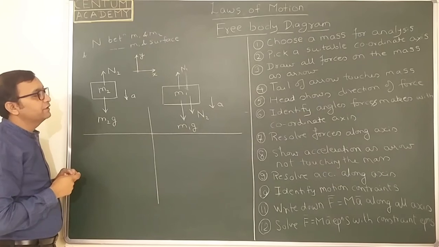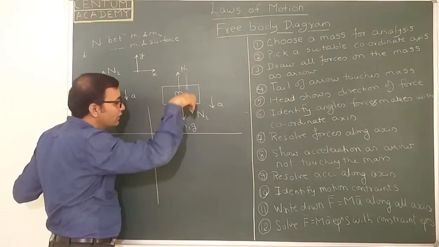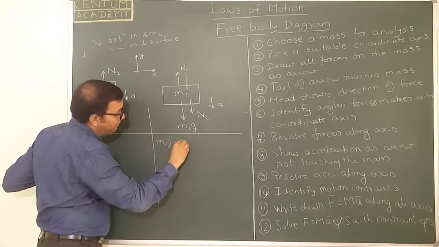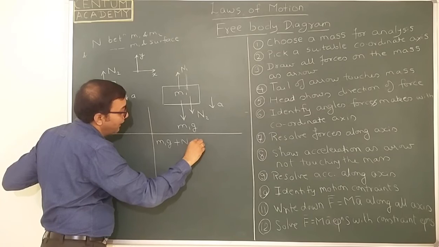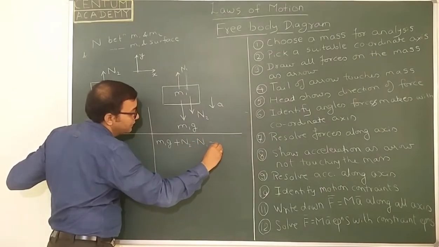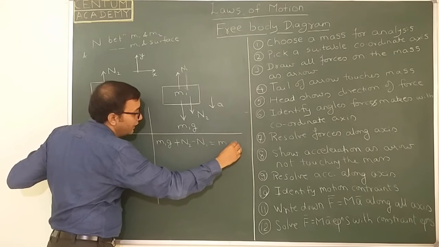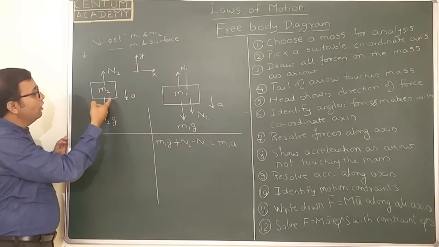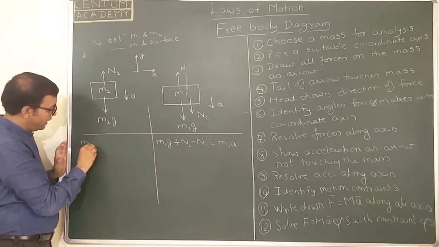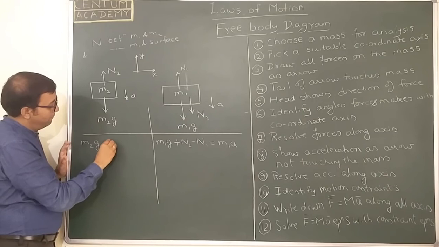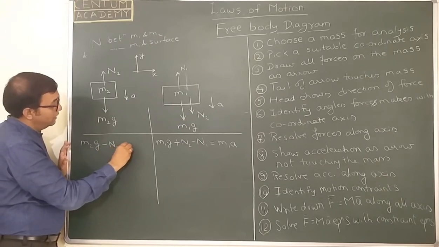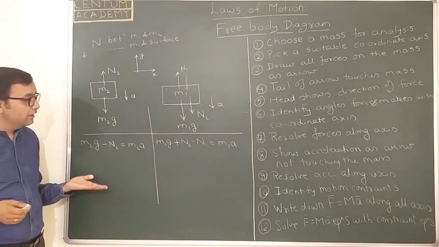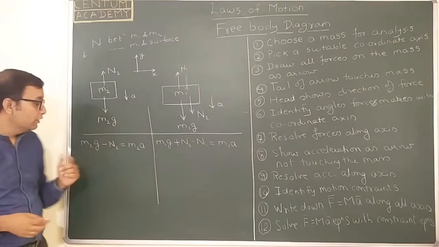So let us first write down the equation for mass m1. Along the direction of acceleration, forces are m1g plus n2 minus n1. This must be equal to m1a. Right? This is the equation for mass m1. For mass m2, along the acceleration: m2g minus n2 is m2a. Now how many variables are there? There are only two variables, n1 and n2.